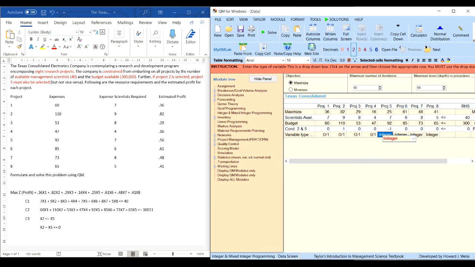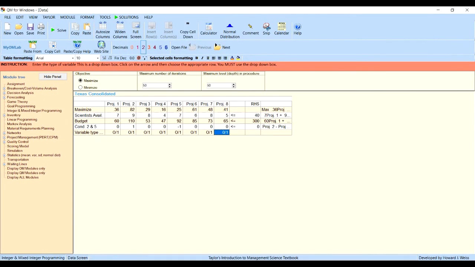We continue on throughout all 8 variables. Here we go. So we've entered all of the relevant information. We have all the key information here. As always, we hit solve.